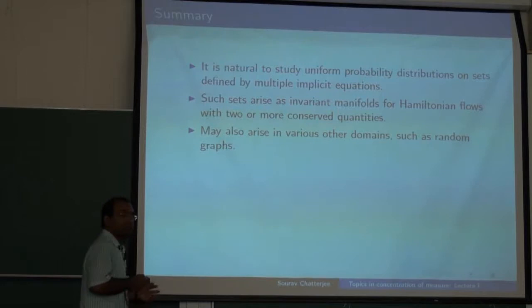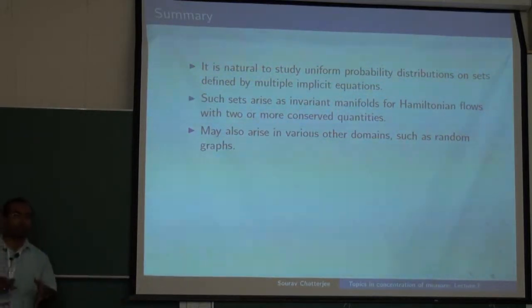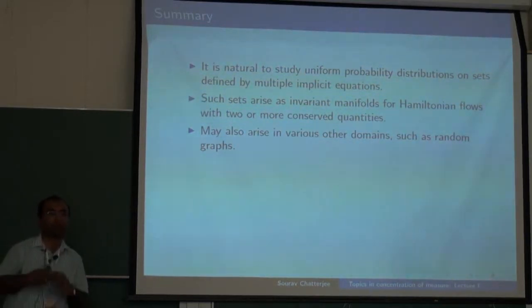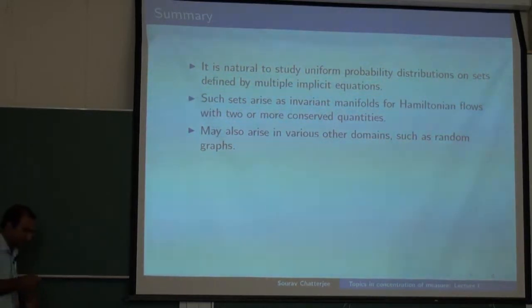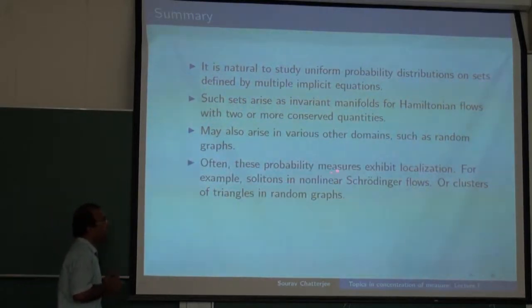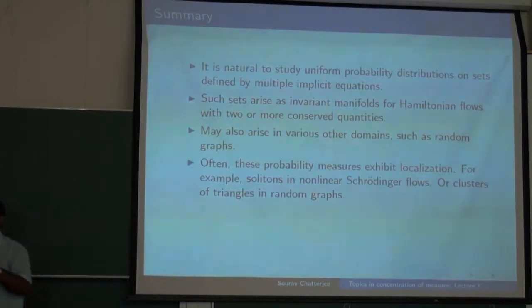It can also arise in discrete problems, like random graphs, where you're trying to study graphs with various constraints, number of edges, number of triangles, other constraints together. So you're trying to understand the uniform distribution. And it's often the case that these sorts of measures exhibit localization. It will be clear why that happens when I give a sketch of the proof.